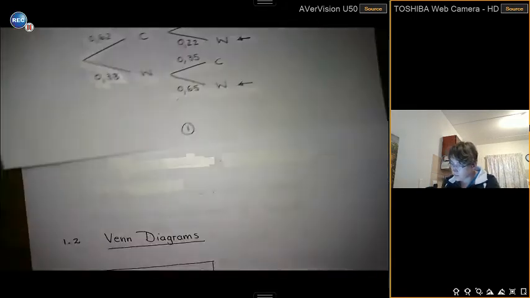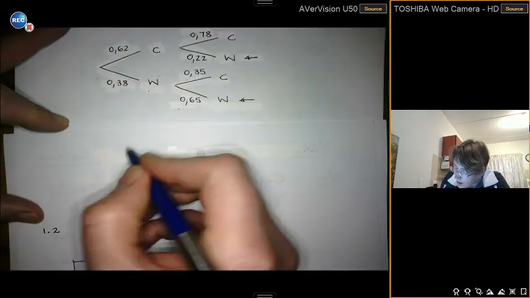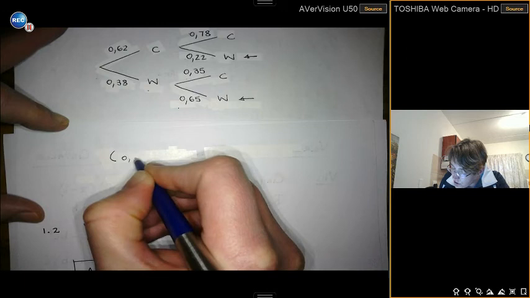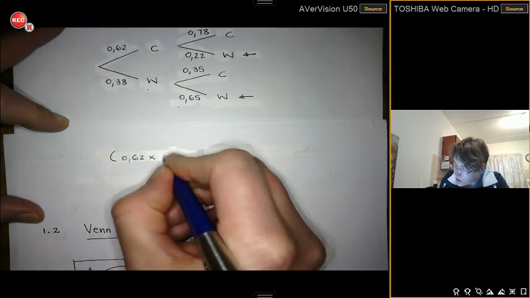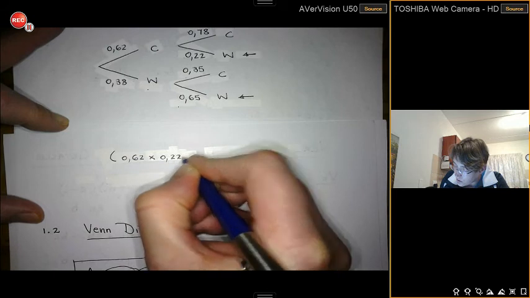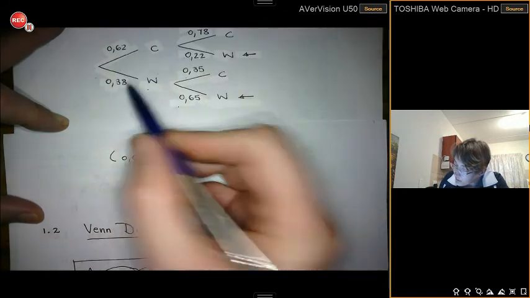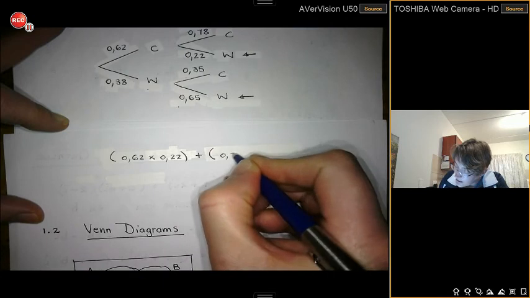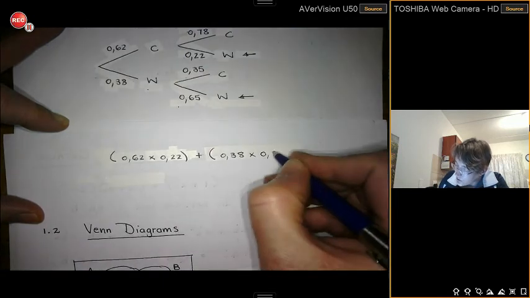So I'm then going to say it's the probability of getting the first answer correct and multiply getting the second answer wrong, which is 0.22. Or, so plus the probability of getting the first answer wrong, 0.38, and multiply getting the second answer wrong, 0.65.